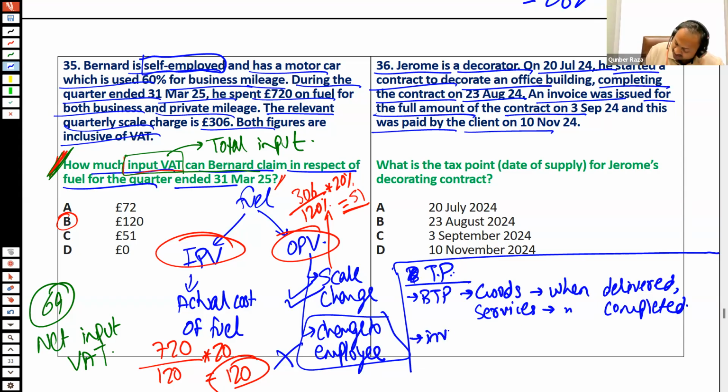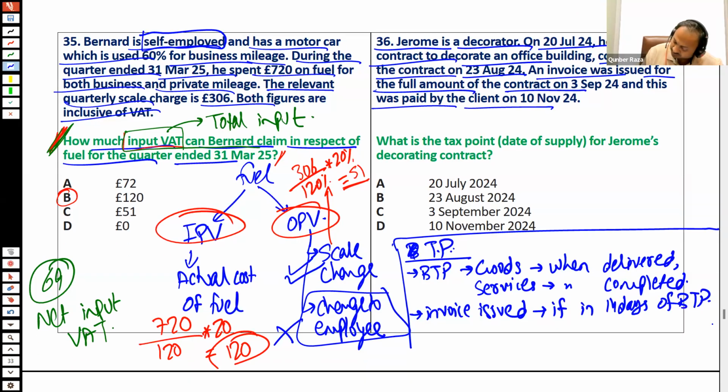Then the second discussion was invoice issued. If invoice is issued within 14 days of basic tax point, then invoice date becomes your tax point, right?